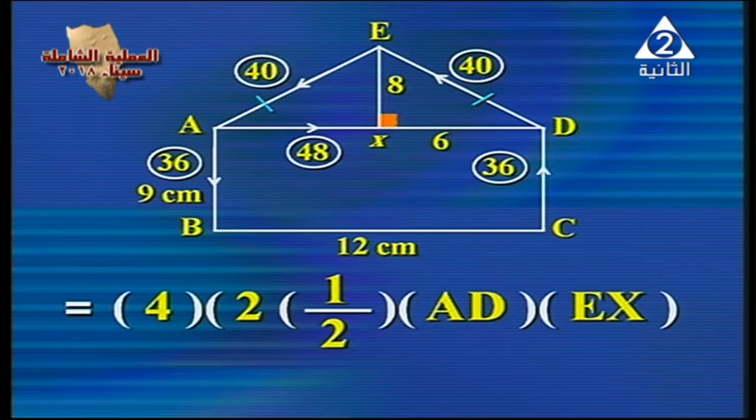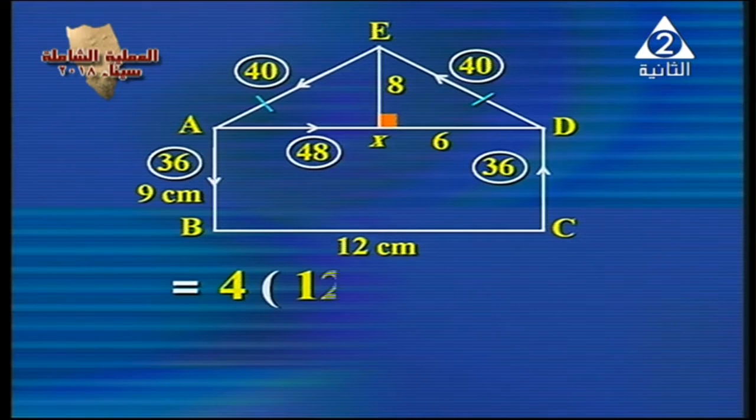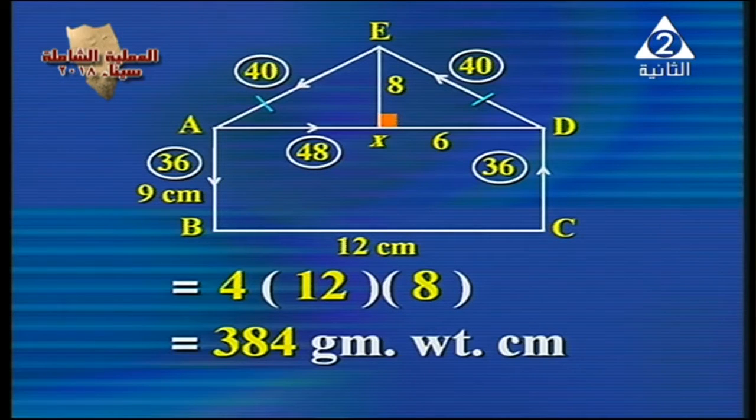Then 4 times twice the area of triangle ADE equals half times base times height, AD times AX. By substitution, the second couple is 4 times 12 times 8 equals 384 gram weight dot centimeter.